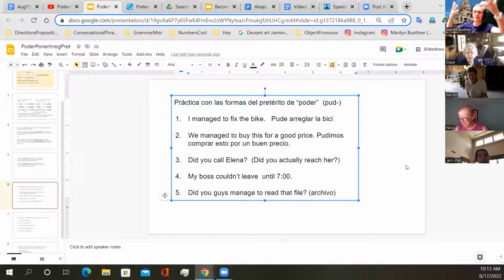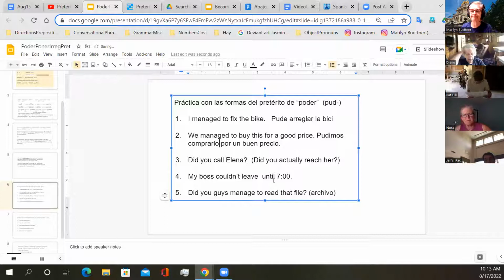Yeah, when you mean something just generically, you know, this thing, esto works. Pudimos comprar esto. Oh, perdón. Could I say pudimos lo comprar? That would be it rather than this, I guess. That's close, but we would say pudimos comprarlo. If you want to use lo, and lo would just mean it.